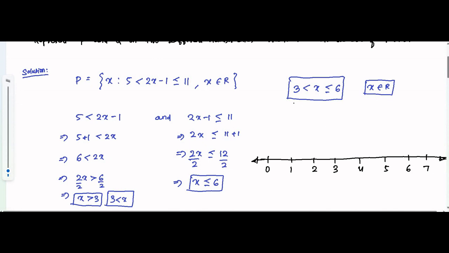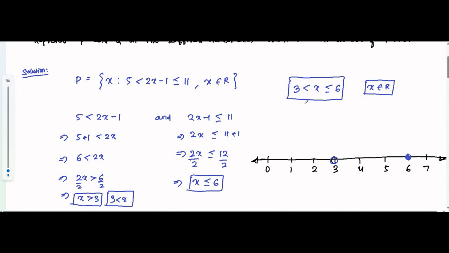Here there are two extreme points. One is 3, the other one is 6. For 3 it is x greater than 3, a strict inequality, so 3 is not part of the solution. When you have something which is not part of the solution, you highlight it with a hollow circle. Again let me use the blue color, a hollow circle like this. Then x lesser than or equal to 6. For this equal to sign which is present, we have to highlight 6 with a solid circle.